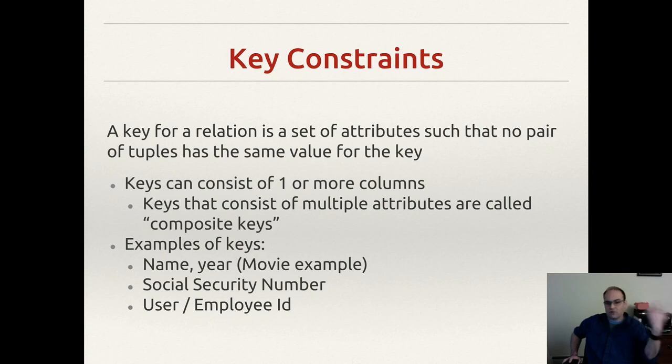So you could have Star Wars in 1977, and you could have Star Wars in 1979 or 80 or whenever the next one came out, but you can't have two Star Wars in the same year. And yes, I know that they weren't both called Star Wars, but I was just using that as an example.